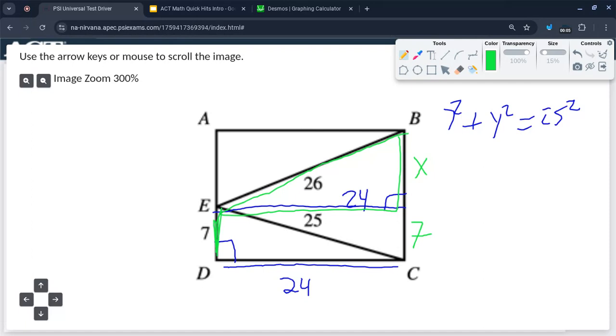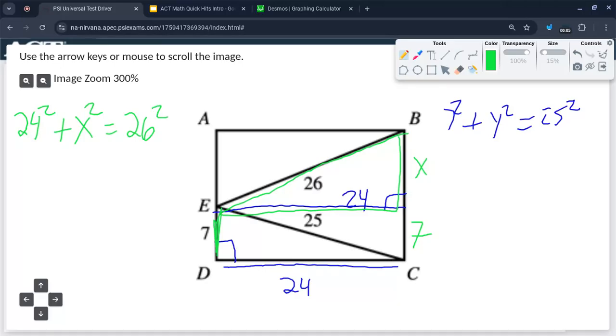So I've got a hypotenuse, I've got a leg, and I need another leg. Let's use the Pythagorean theorem to solve for this other piece. It's a leg squared, so 24 squared plus x squared equals our hypotenuse, 26 squared.